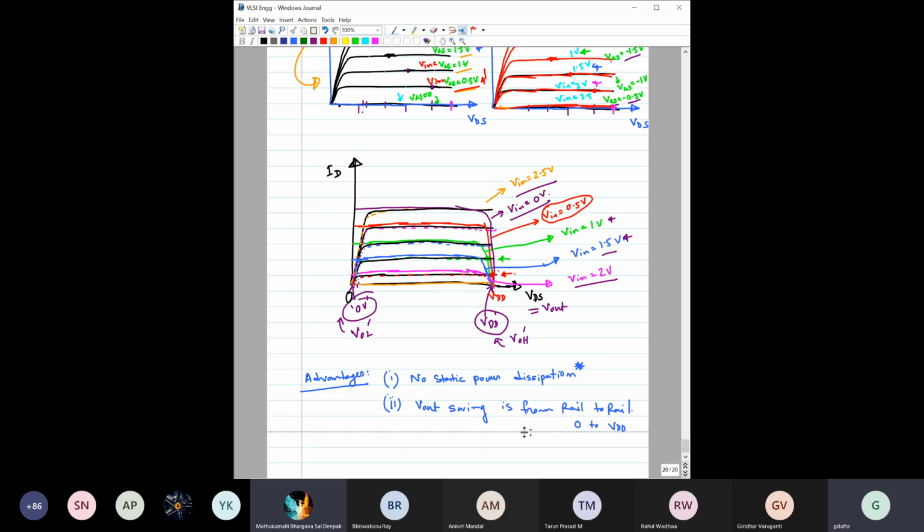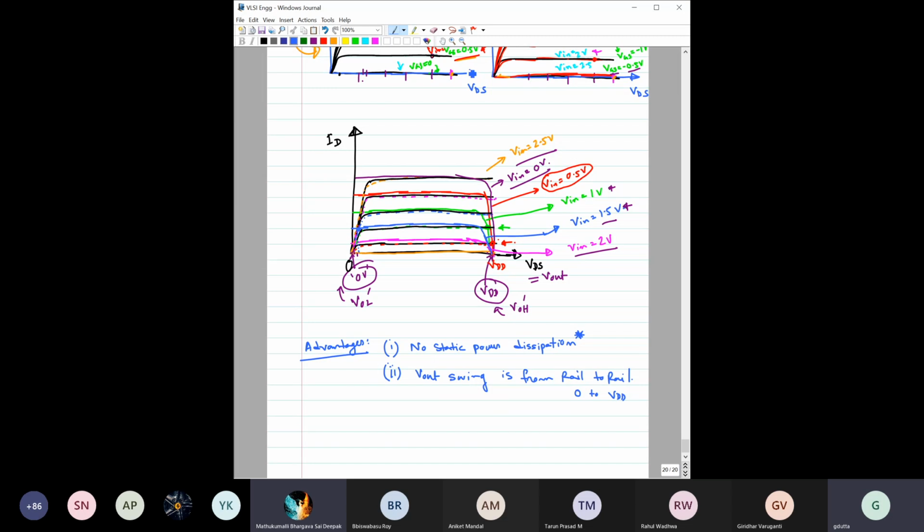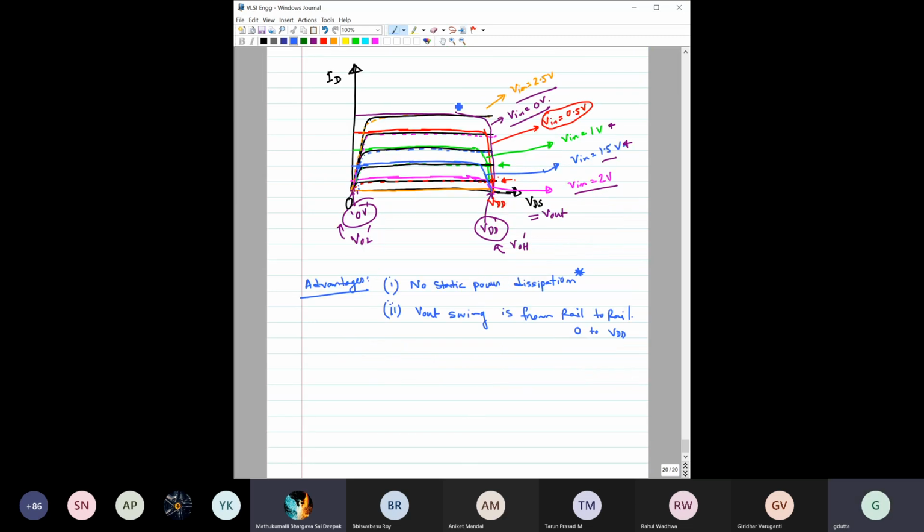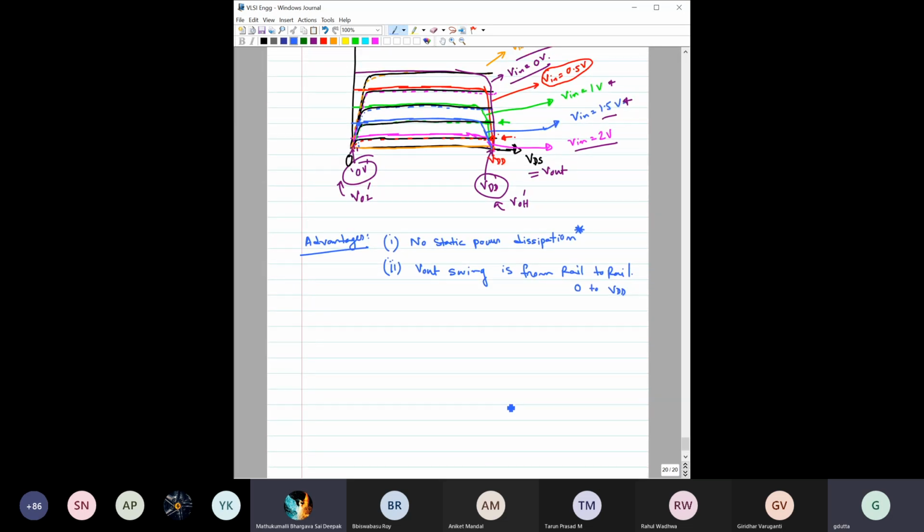So from here, I think now it's the time to draw the voltage transfer characteristics based on this diagram, right? So what will be the voltage transfer characteristics for the CMOS? Vout versus Vin.